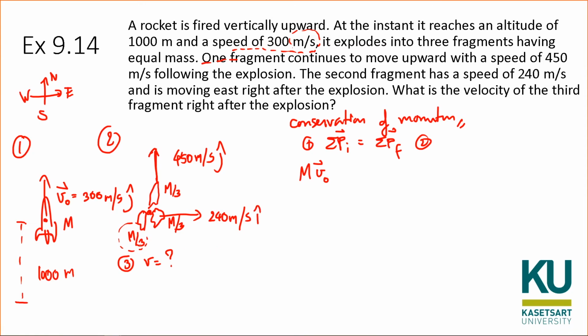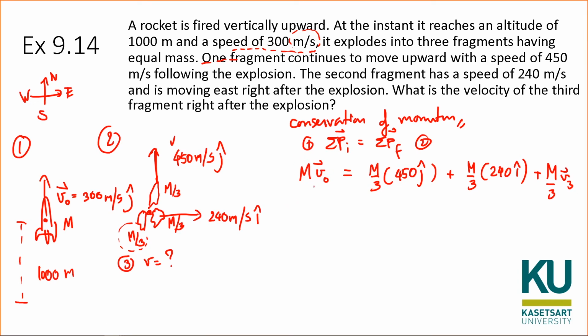We would like to determine this one. So now you have the other 3. The first one is M over 3 times 450 j. The second one is M over 3 times 240 i. How about the third one? We would like to find it: M over 3 times V3. You can substitute this in as well.